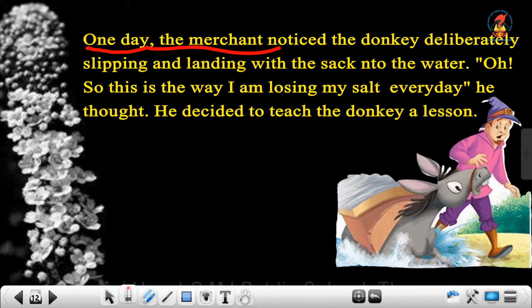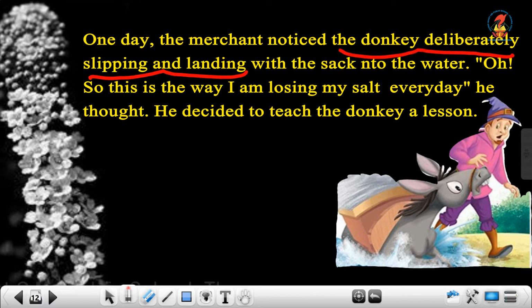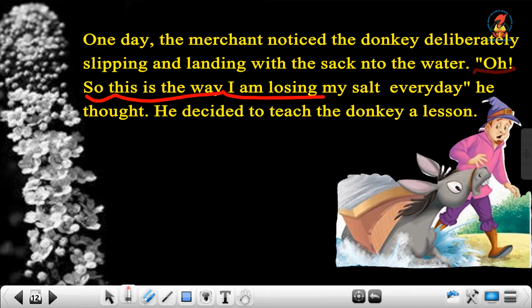One day, the merchant noticed the donkey deliberately slipping and landing with the sack into the water. "Oh, so this is the way I am losing my salt every day," he thought. He decided to teach the donkey a lesson.